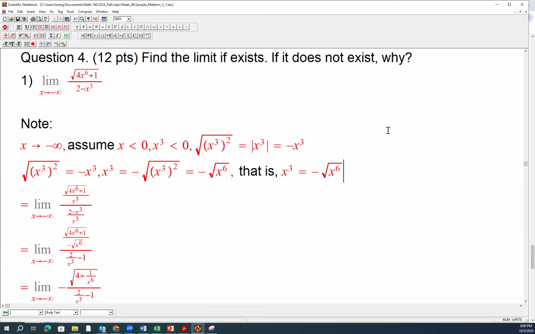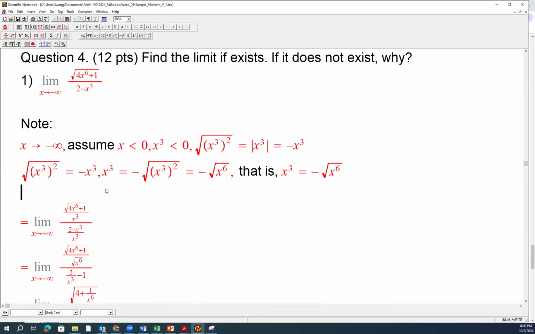So what is being tested for this question? There are a couple of things. Number one, what technique we use to solve limit problems of this sort. The degree of the numerator is 6 divided by 2, because the square root is considered to have a power of half, which is 3.